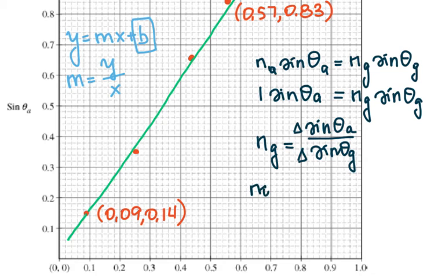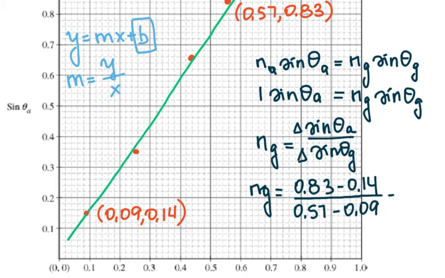So N G is equal to the rise. I'm going to use the points that I have: for the y-axis, the final 0.83 minus the initial 0.14, and for the x-axis, the final 0.57 minus the initial 0.09. And that gives me the slope, or the index of refraction for the glass, which is equal to 1.44.